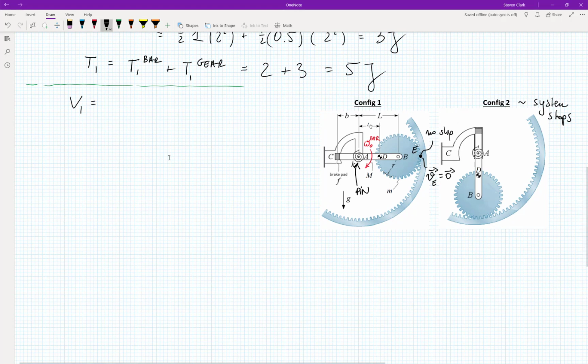Okay, and our V1 can be divided into V1 gravitational, so V1 grav plus V1 spring. Okay, let's find V1 grav. But before doing that, I must introduce the datum, right? So I want to introduce my datum here.